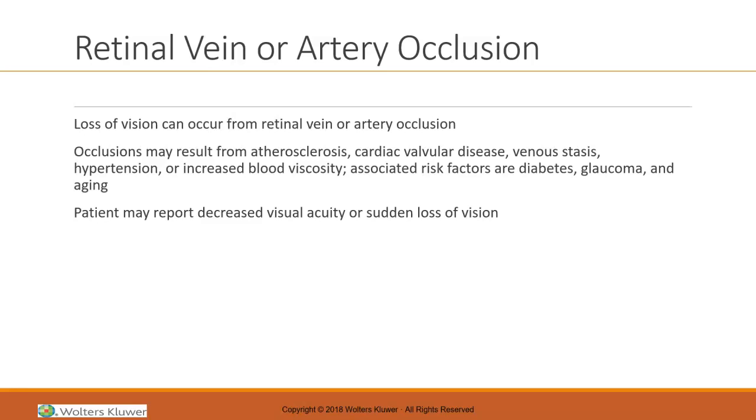These patients just report decreased visual acuity, and in some cases, a very sudden loss of vision. So it's almost like a stroke in your eye. And you may hear it discussed in those terms, like a stroke in your eye.